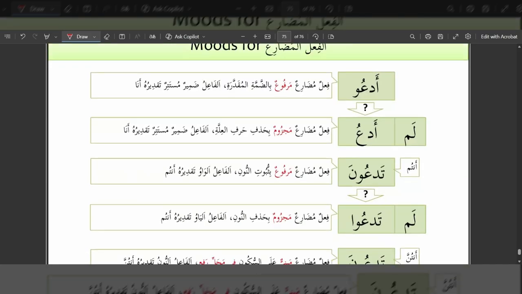So when we have ad'u, that is I am calling. This is فعل مضارع مرفوع بالضمة المقدرة, that is present tense in the marfu form with a hidden dhamma.